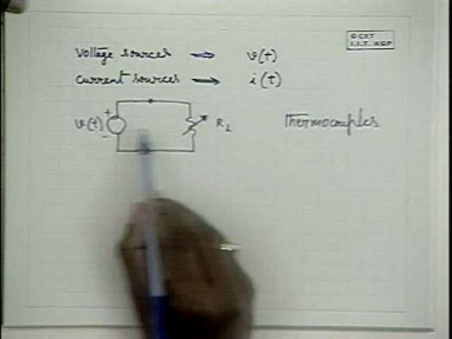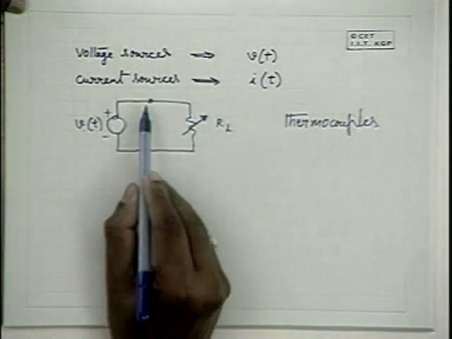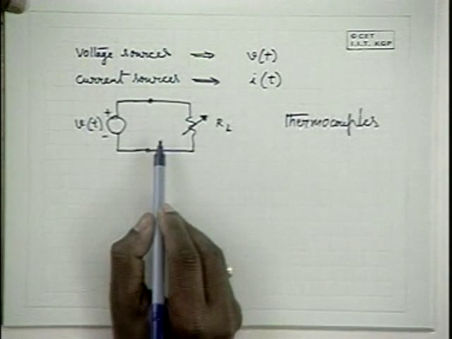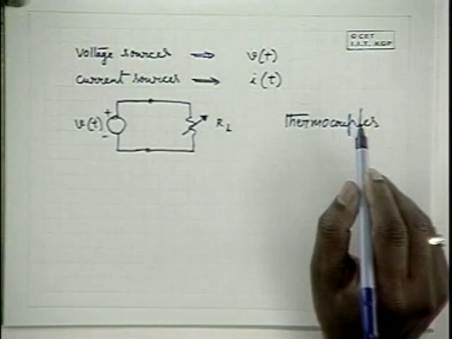At the output of the thermocouple, it gives a voltage which is proportional to the temperature. So if the temperature is varying, the voltage at the output of the thermocouple is time varying. Such sources are voltage sources because the output voltage is almost independent of the load resistance you connect to it.